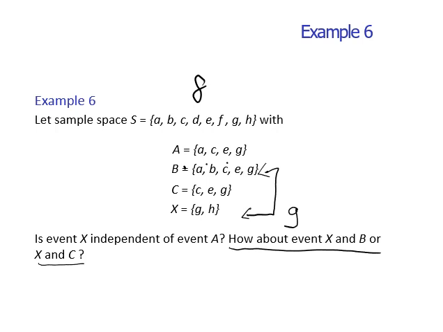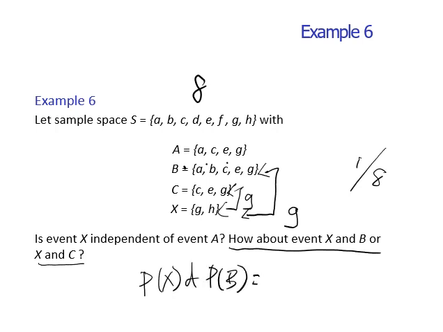Between C and X, the commonality is only G. So the commonality is only 1 out of 8. So the probability of X and B is 1 out of 8.